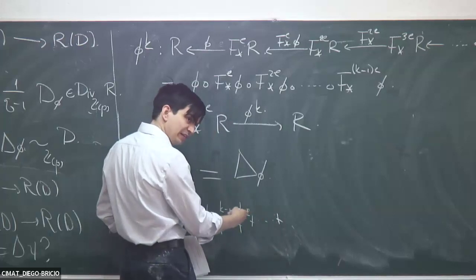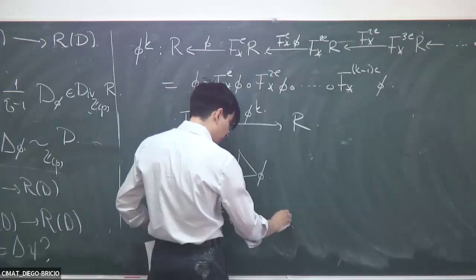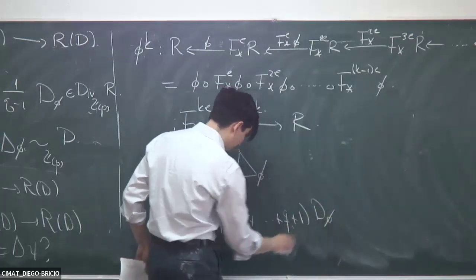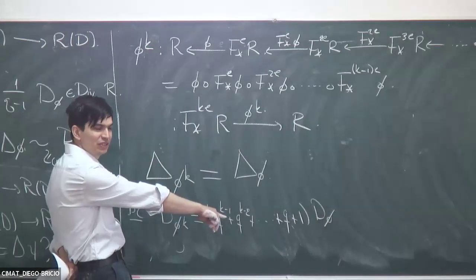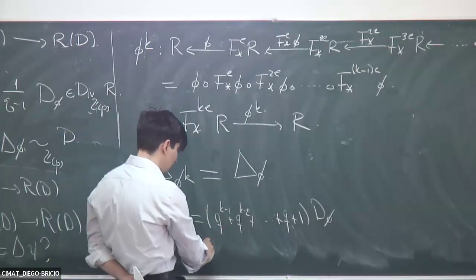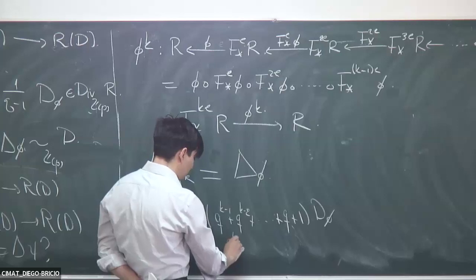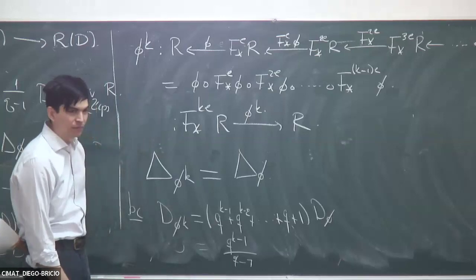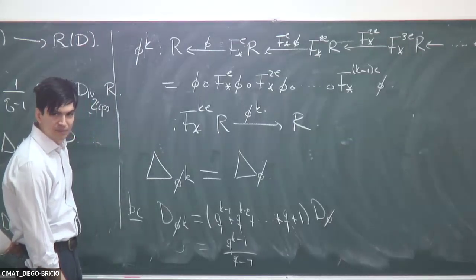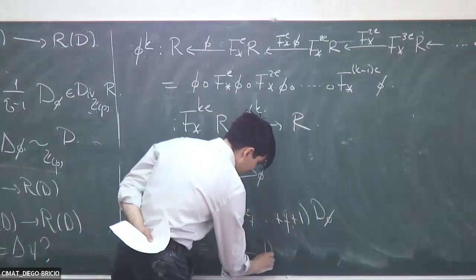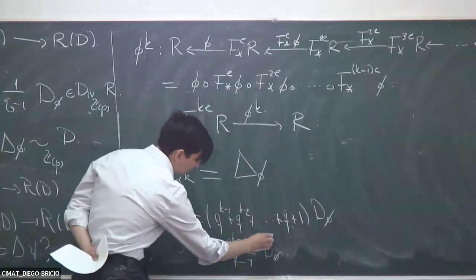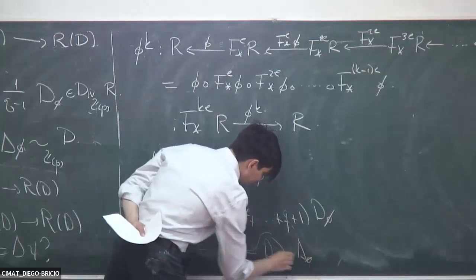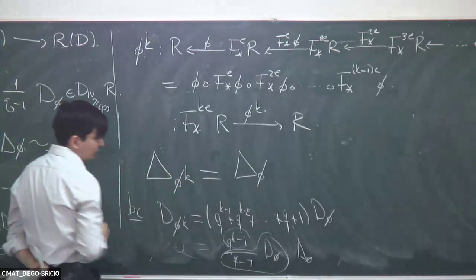Please do the calculation, write it down, convince yourself that this is true. This is a truly important calculation. (q^k minus 1) d phi. But who is that number in secret? It is q minus 1, we learned it in elementary school, right? Times d phi. Who is this in secret, in disguise? Delta phi. And if you move this to the other side, you get delta of phi^k.